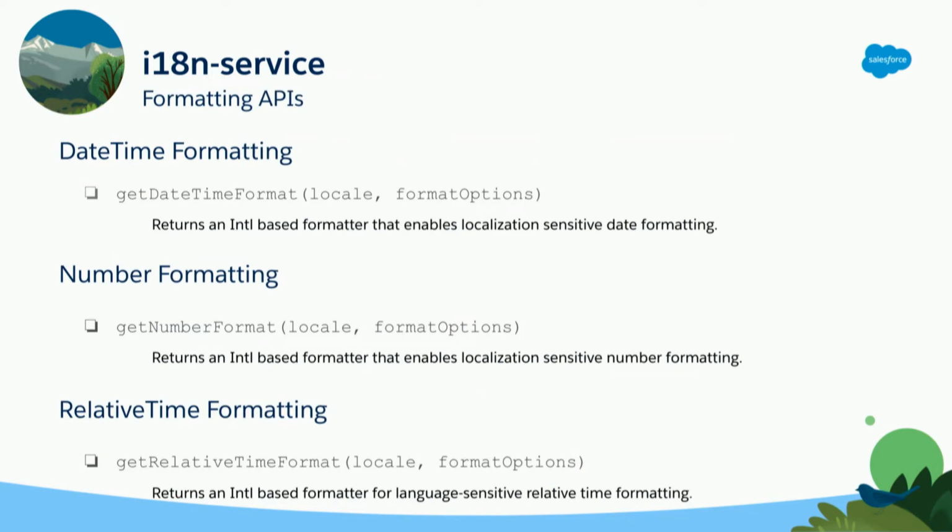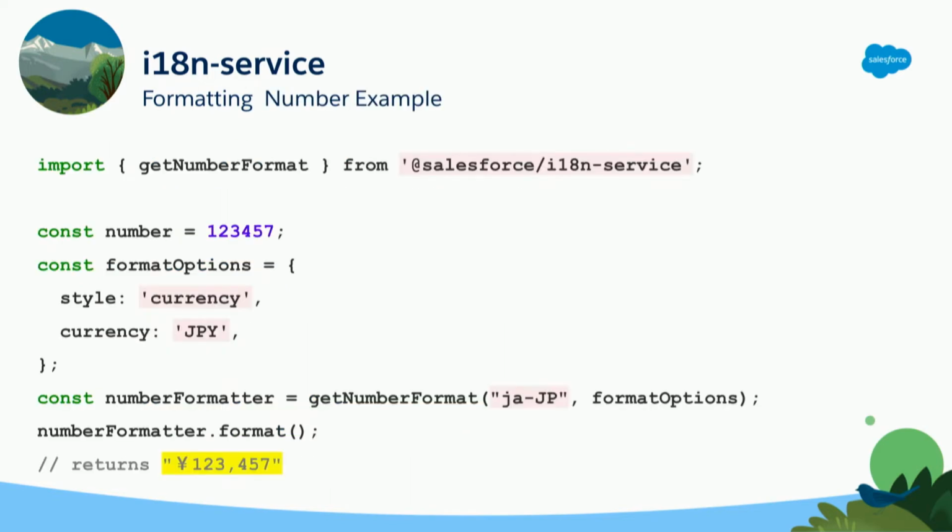Those are the APIs, and those are common things that you would use: get datetime format, get number format, get relative time format. And as for how it's used, it's imported from the i18n-Service npm package.